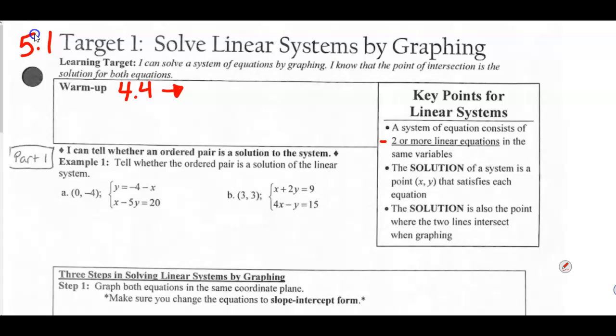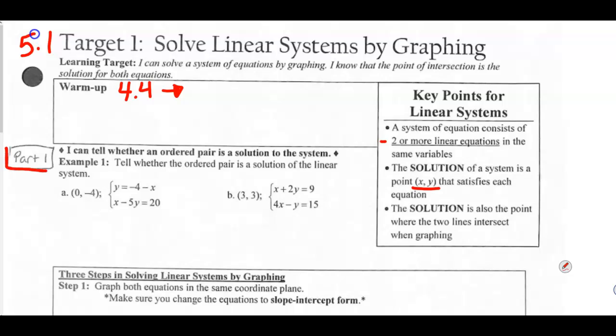The solution is actually a point that when you graph both of them, both lines intersect, so they hit at one point. And then the solution is also going to be true. If I give you a point, you plug in an x and y, you should be able to tell me if they match. So that's going to be the first one.